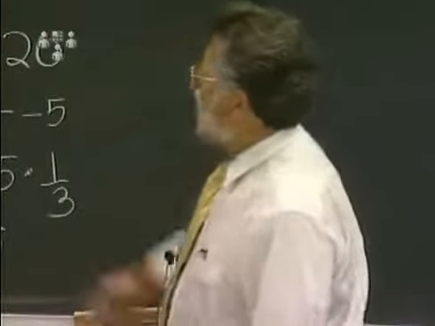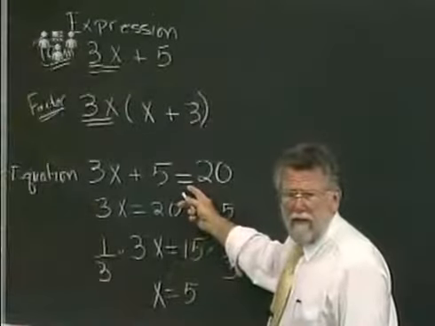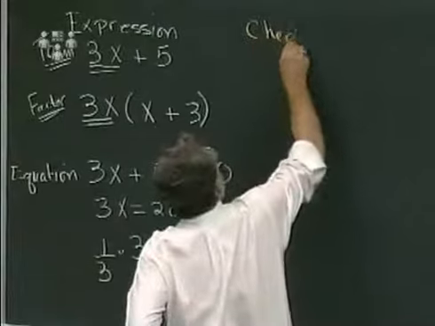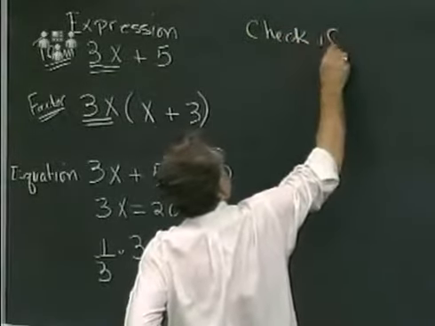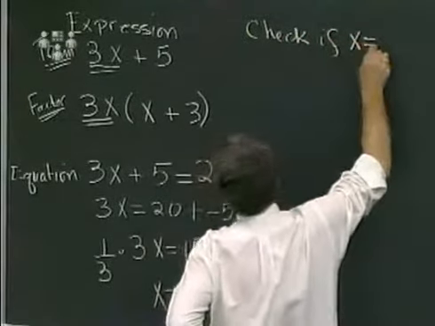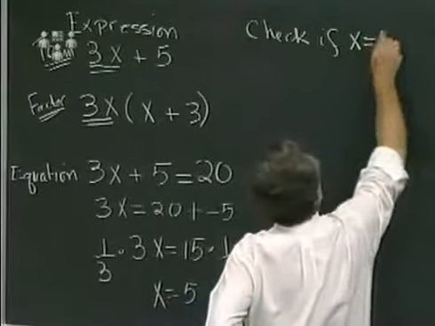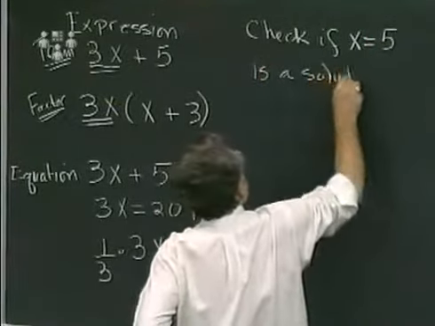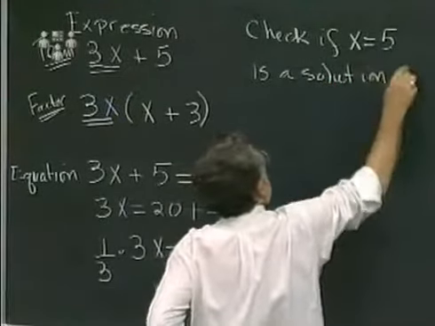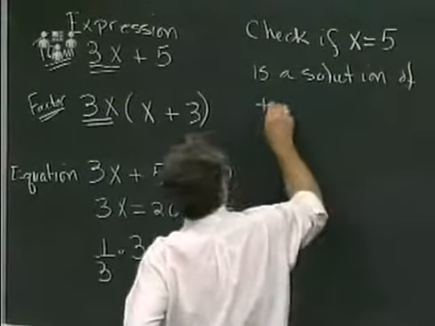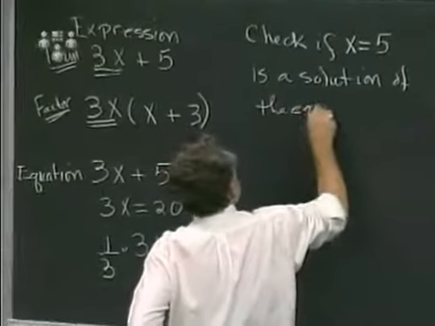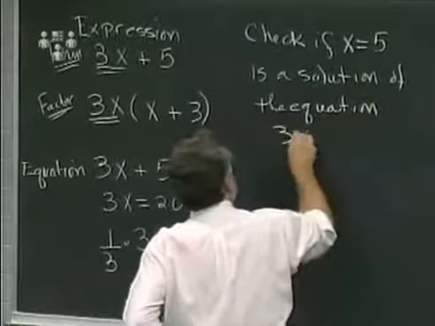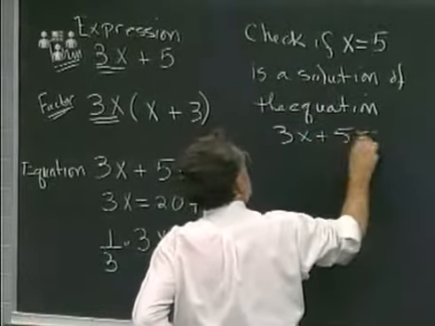So what I could do, if I wanted to check that objective, I could say, check to see if x equals 5 is a solution of the equation, in which I would have my equation 3x plus 5 equals 20.